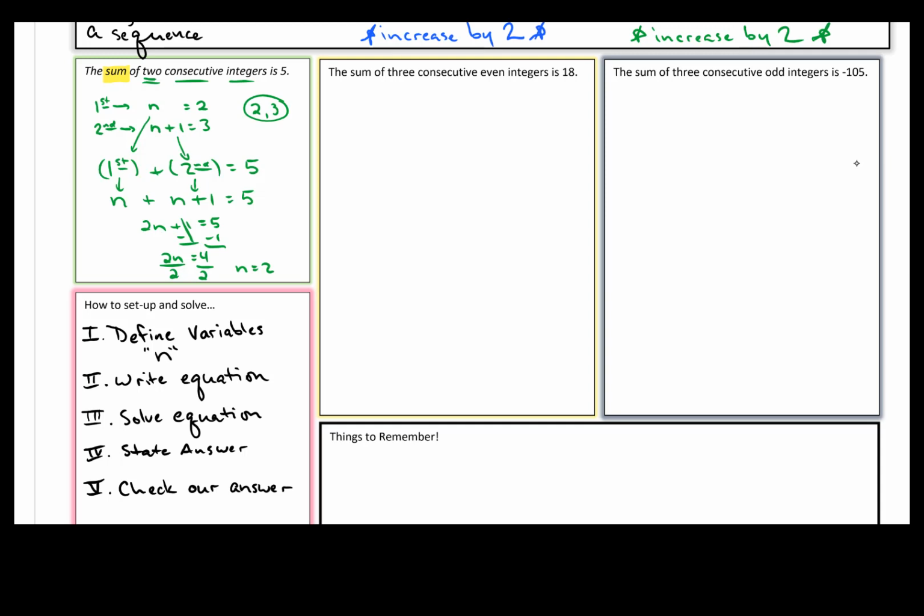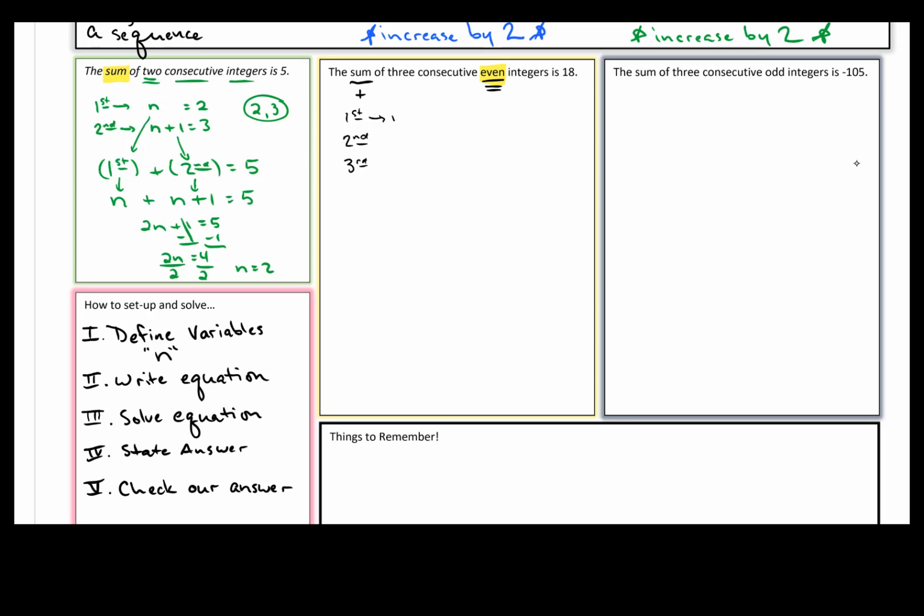All right, for the next one here, find the sum again. So we're adding 3 consecutive even integers. So this is really important here, that we are now doing 3 consecutive even integers. So we have the first term, second term, and third.